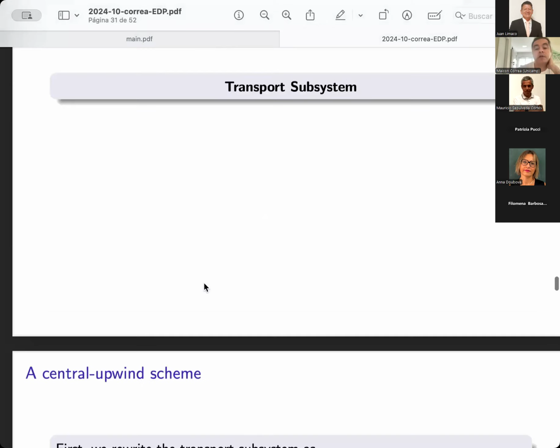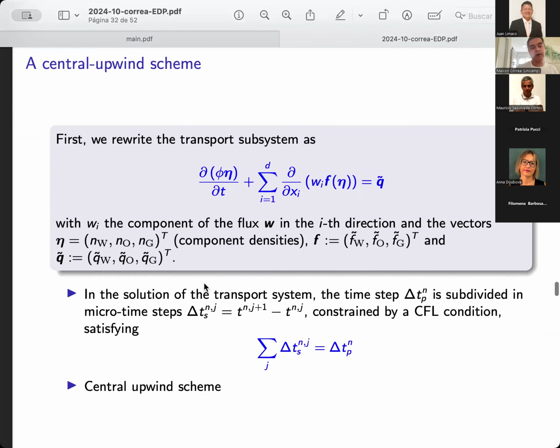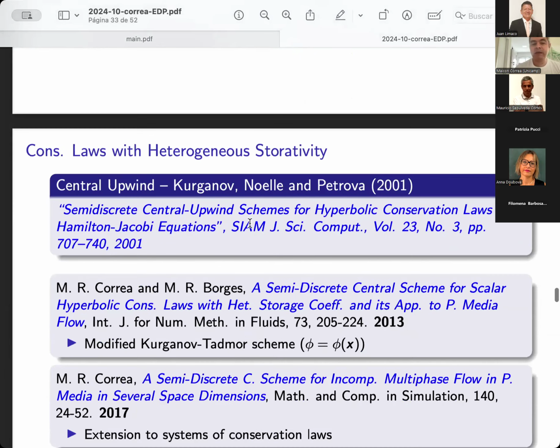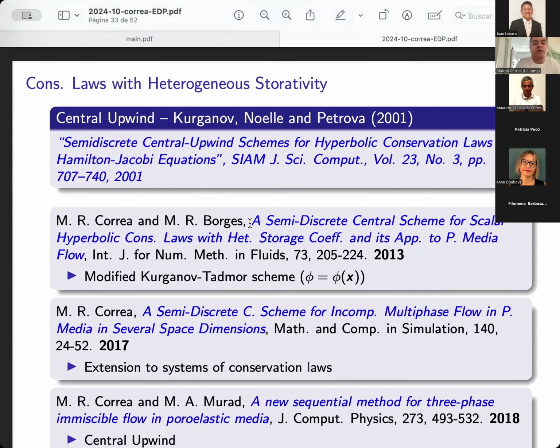Good. For the transport, as I said, we needed to develop a new central upwind scheme. We just rewrite the transport system. I don't have time to go into the details, but here's some historic evolution of these schemes. The starting point is this method from Kurganov, Noelle, Petrova.